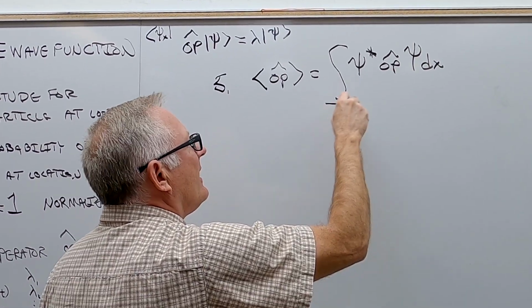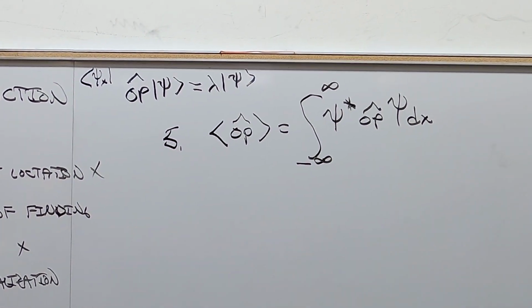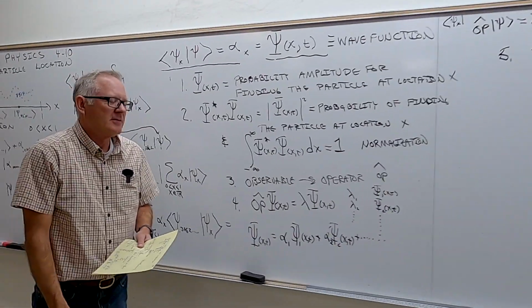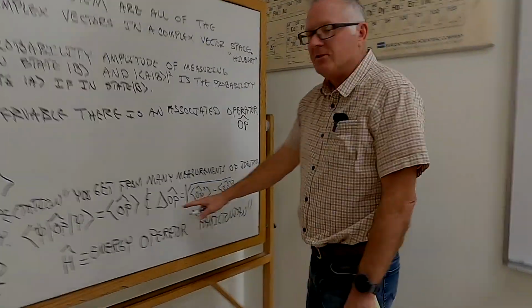Again, you're integrating over wherever it could be. Remember, before it was like a sandwich. It still is a sandwich, but now it's written as a function rather than as a vector. This rule isn't going to change at all.